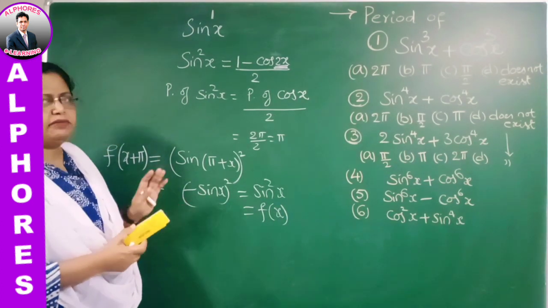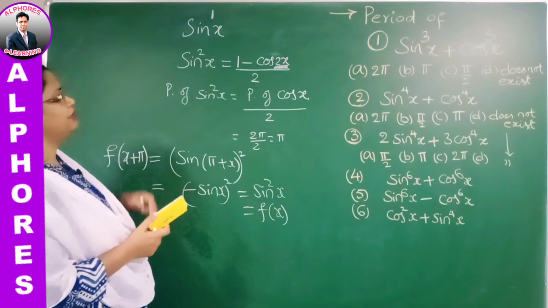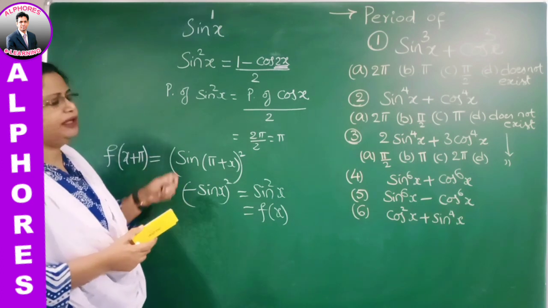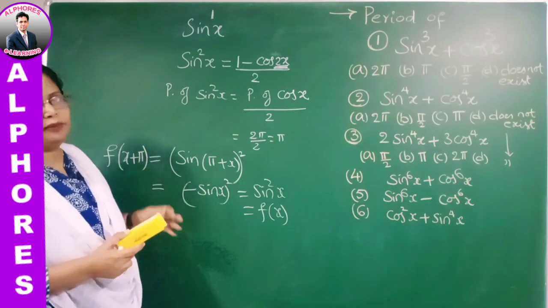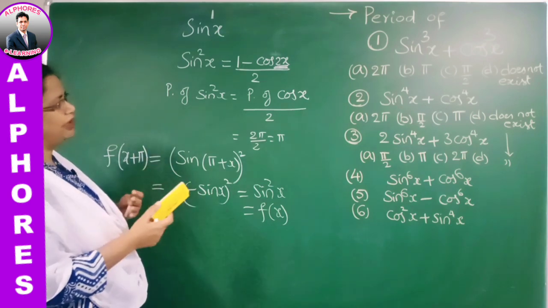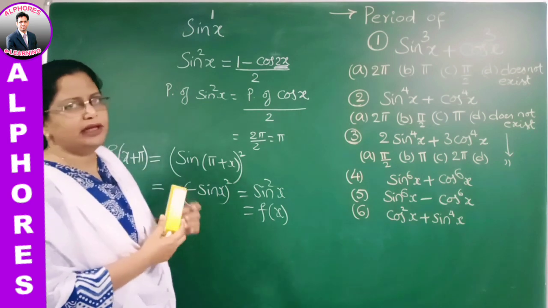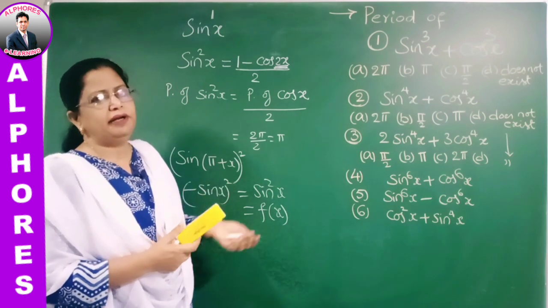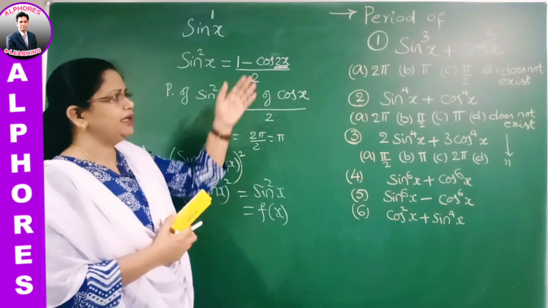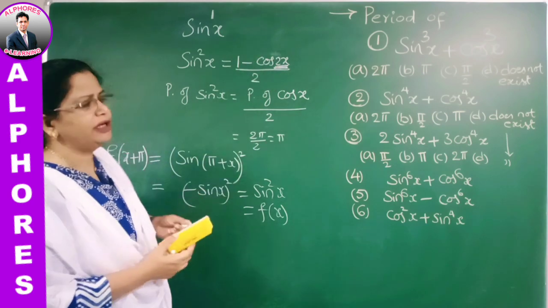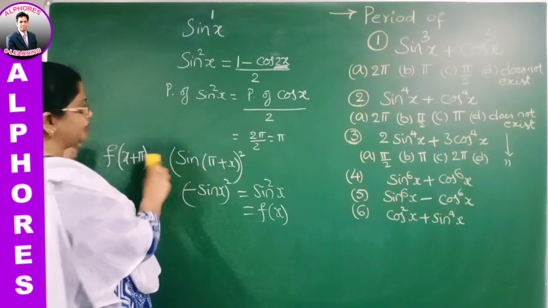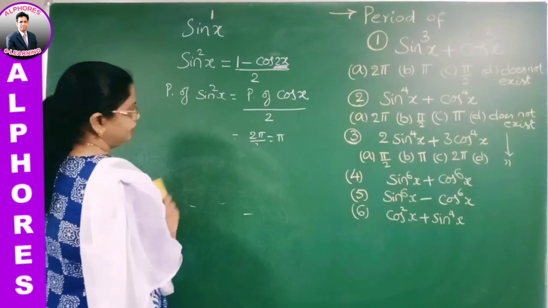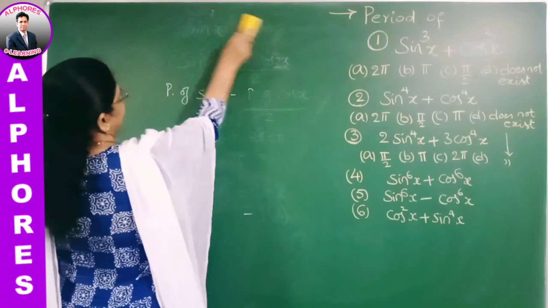Therefore just by observation you can make sure the fundamental period is not necessarily 2 pi, but it is again pi. So some problems we can directly decide the fundamental period by observation also. Understand? Like that, let us check some problems where, instead of doing all this, direct substitution is also possible. Let us have a glance one by one.